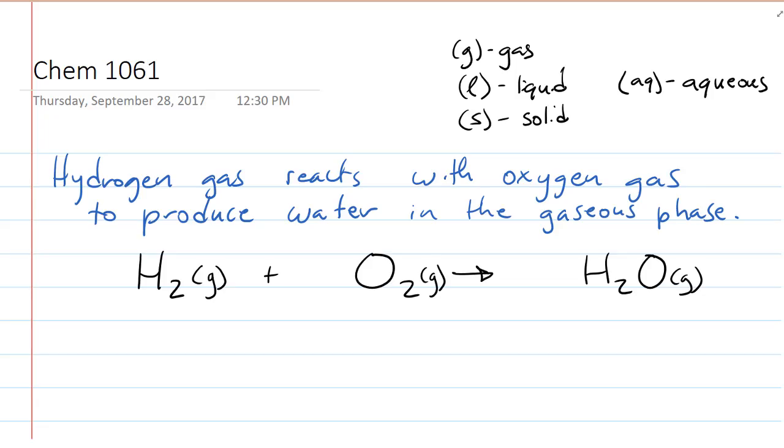This here is the H2. We use the white spheres, or the white balls, to represent hydrogen, and we use the red ones to represent oxygen. So again, the formula for hydrogen is H2. The formula for oxygen is O2.